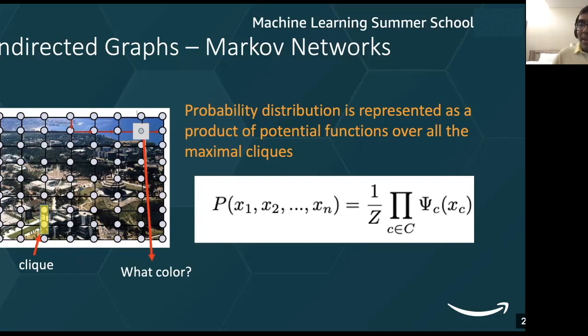There are many examples of undirected graphical models, such as conditional random fields, which I am guessing you would have probably learned about in another lecture. However, for this particular lecture, we will mostly remain focused on directed models and not discuss too much of undirected graphs. So I encourage you to go back and dig deeper into undirected graphs and see how they are very closely related to what we are studying in terms of directed graphs and Bayesian networks.